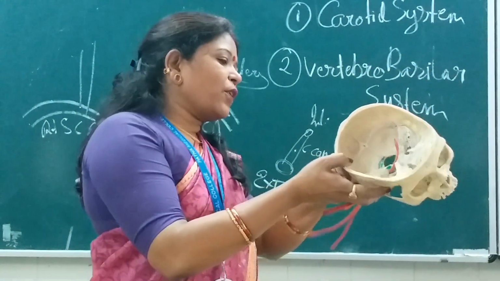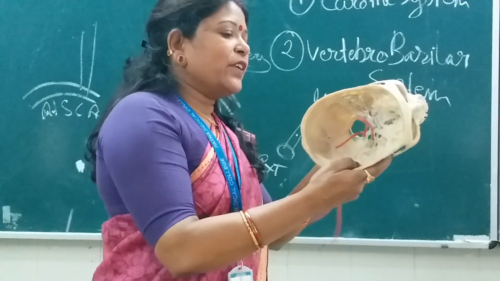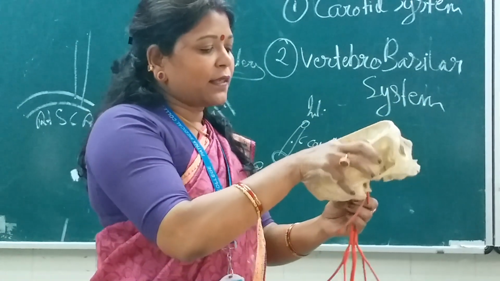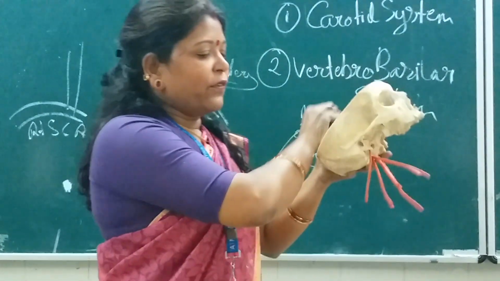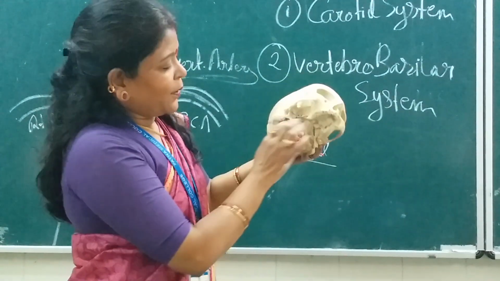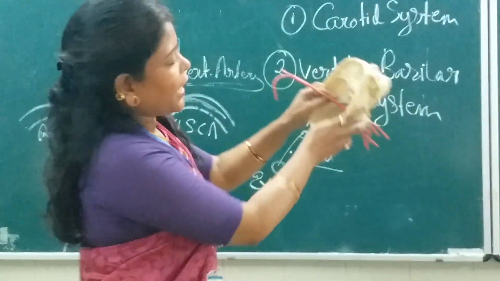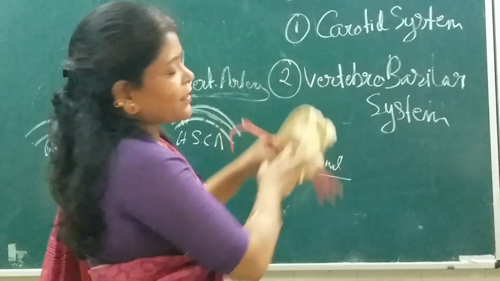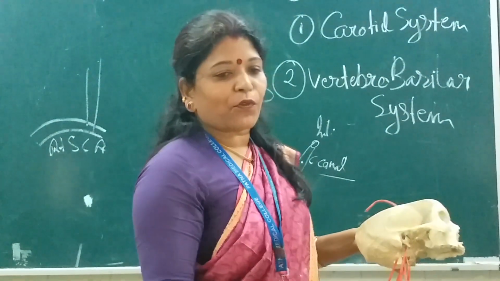What is this? Foramen magnum, the largest foramen, which is present where? At the base of the skull. The largest foramen you can see, it is the foramen magnum, that's why it is known as foramen magnum.